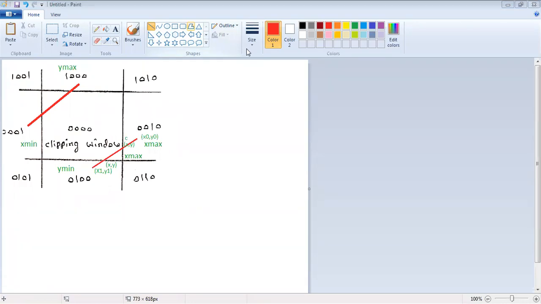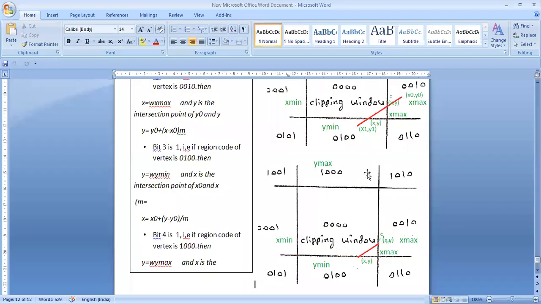To clip a line, x and y I calculated here, where x is equal to x max, y is equal to this formula. Coming to this, bit 3, y is equal to y min and x is equal to the slope intercept formula.